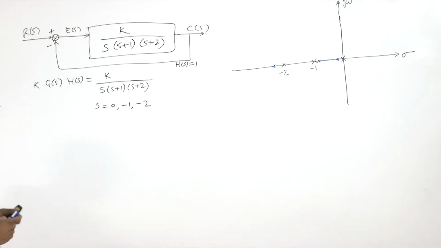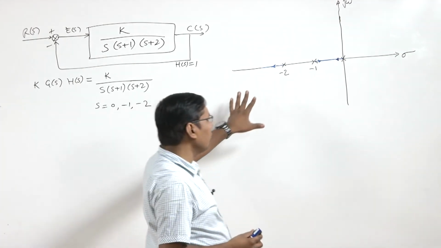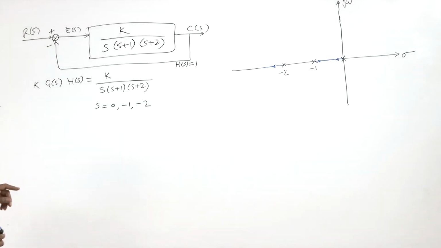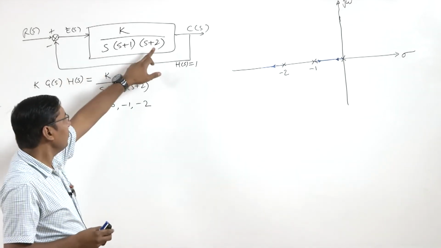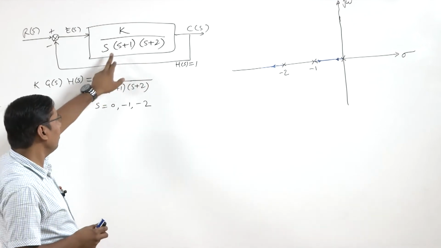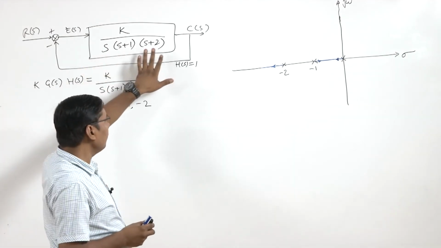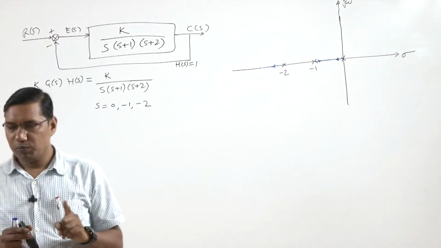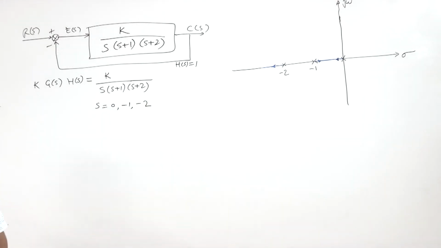And we know that there will be 3 branches of the root locus, because we will have 3 poles of this closed loop transfer function. So we will have 3 branches, one branch for each closed loop pole.